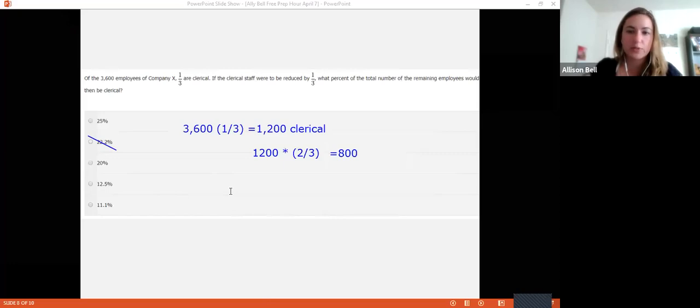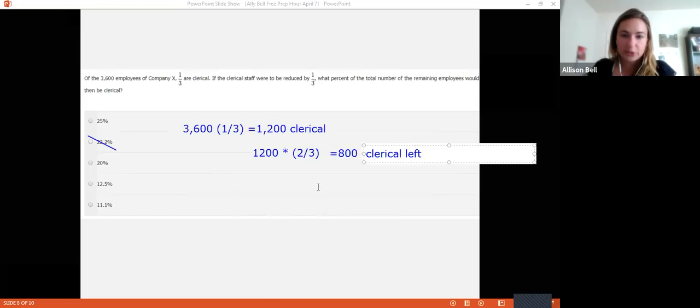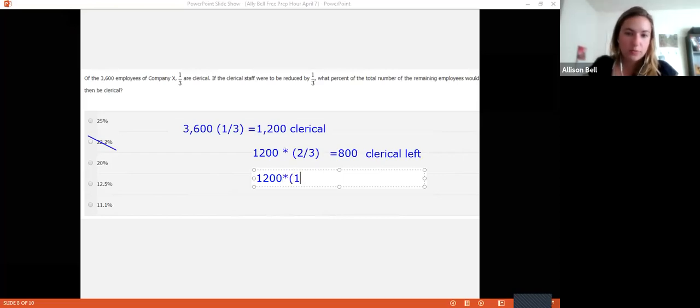And now we want to know what percent of the total number of remaining employees are clerical. So we have 800 clerical who are left. They've reduced it by 1/3. So we've got 400 employees who have been dismissed.